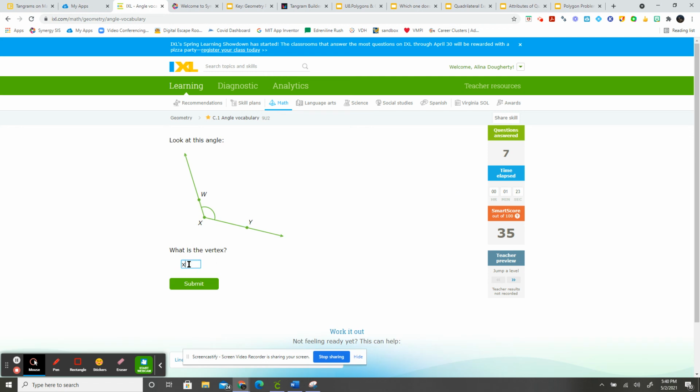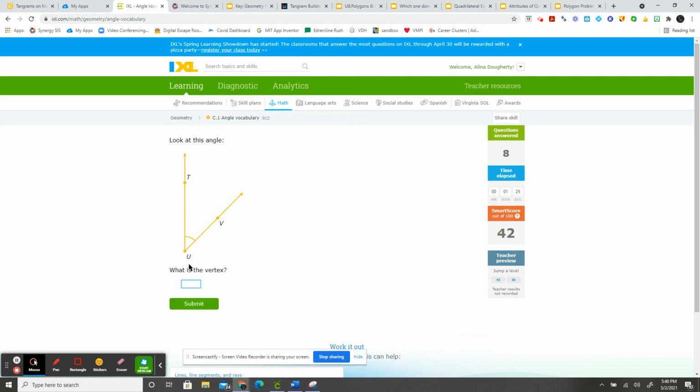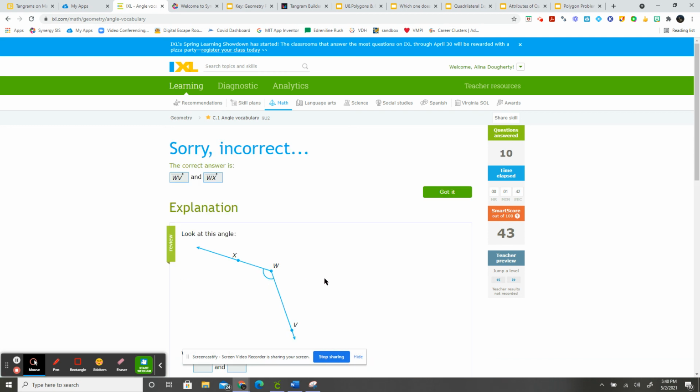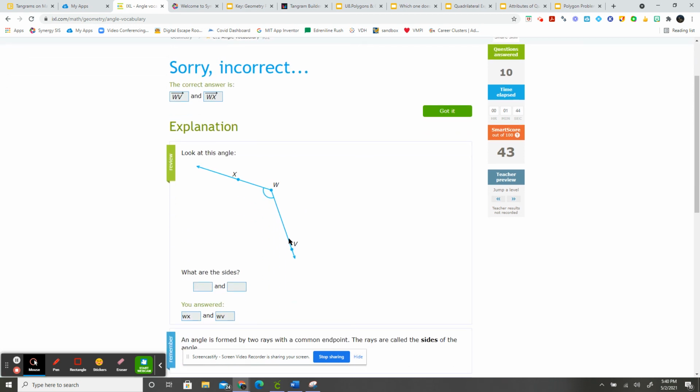What is the vertex? That's going to be X. I'm going to do all kinds of wrong things in order to figure out what's right. Sometimes that's the learning curve, right? What are the sides? So we have to start at the vertex, WX. We're going to start at the vertex, WV. WV and WX.